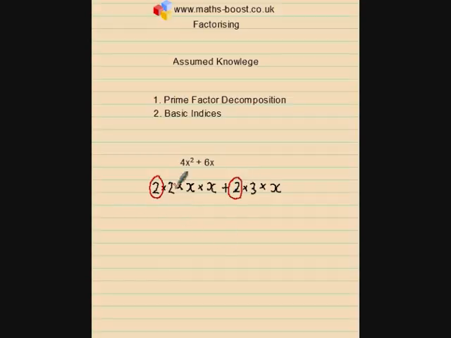But there isn't a second 2. There's only one 2 that appears in both. Moving along, there's an x that appears in both terms. But again, there isn't another x, so I've only got one pair of x's that I can pair off. And the 3, there's only one 3, so it doesn't appear in both terms, so I can't pair that off with anything. So the thing that appears in both terms is a 2 and an x.